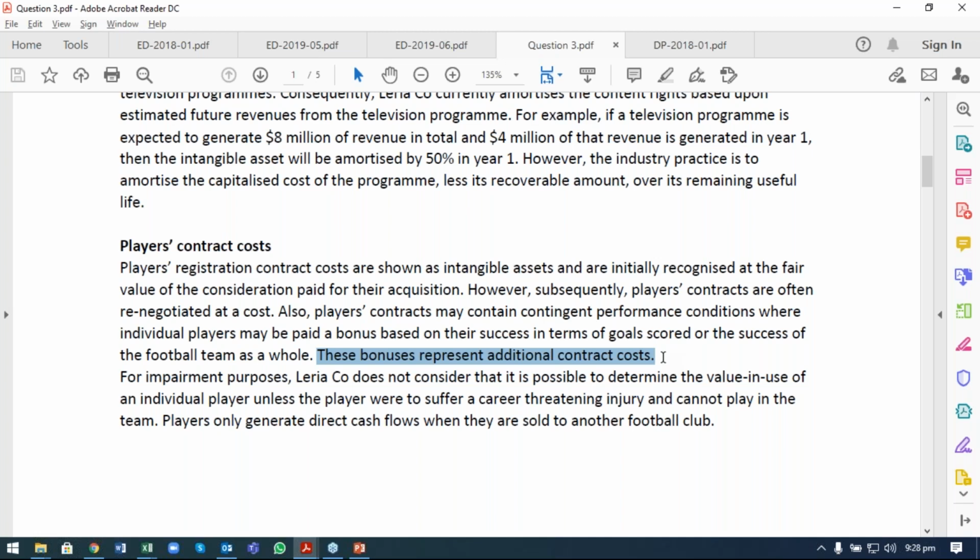In case you are considering the value in use of that player, it should only be calculated if the player is playing within the team, because an individual player playing on a ground doesn't mean anything to the club. So it can never be treated as an individual. You cannot charge individual impairment to the player. You can only charge impairment to that player if he is working as a cash generating unit within the team, right? Any question as of now?